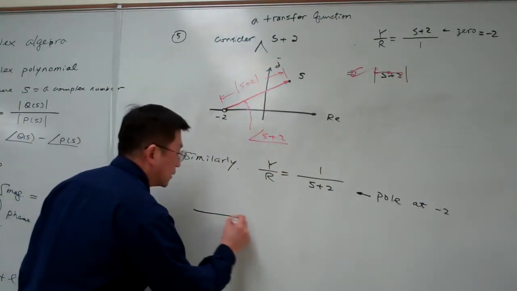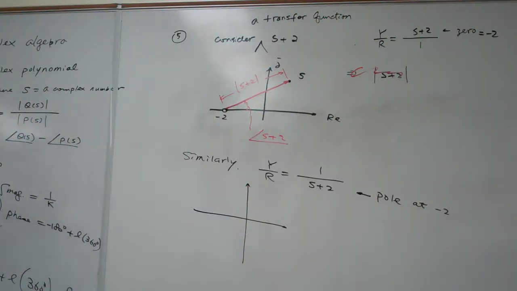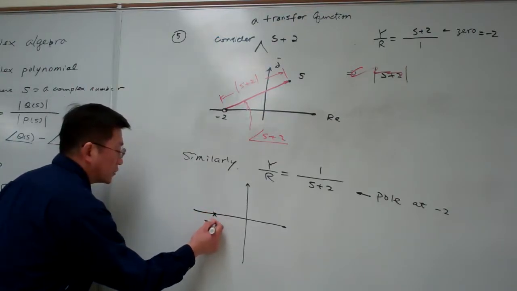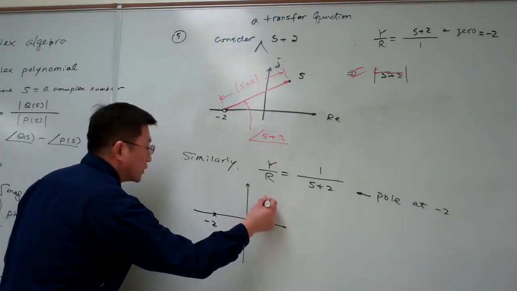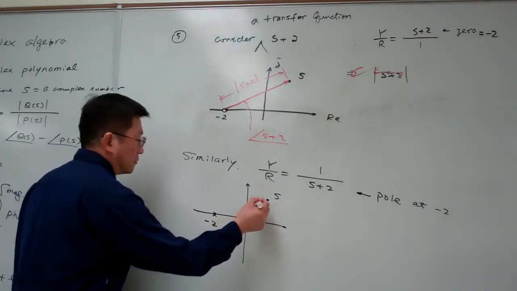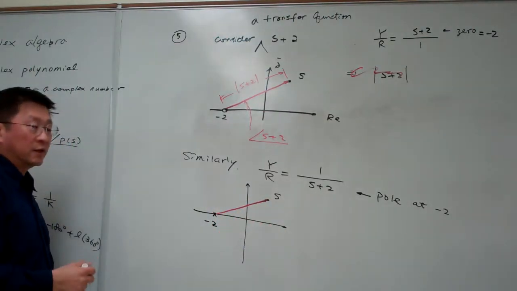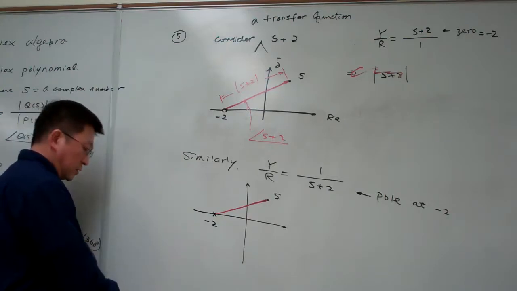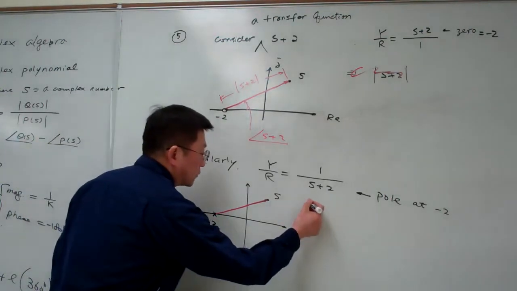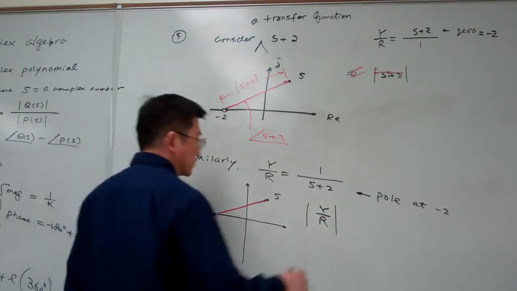So here we have a similar way: this is a pole at minus 2, and then the arbitrary number s here. Again, this is the magnitude, and this is the phase angle. For this case we can exercise the magnitude of this transfer function.